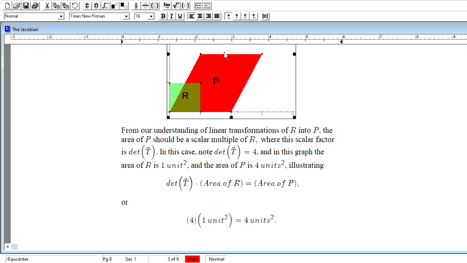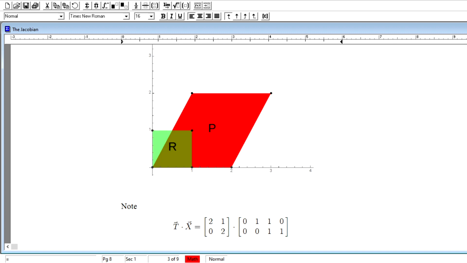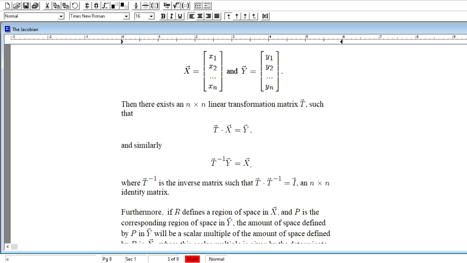The vertical height, not the oblique length, but the vertical height is also 2 units in size. So this parallelogram is 2 by 2, or what we would say is 4 units squared. And what we note is P is 4 times bigger than R, where 4 corresponds to the determinant of that linear transformation matrix. All right? So again here, what we're just doing is putting into practice and illustrating some of these initial notes up above here, right?